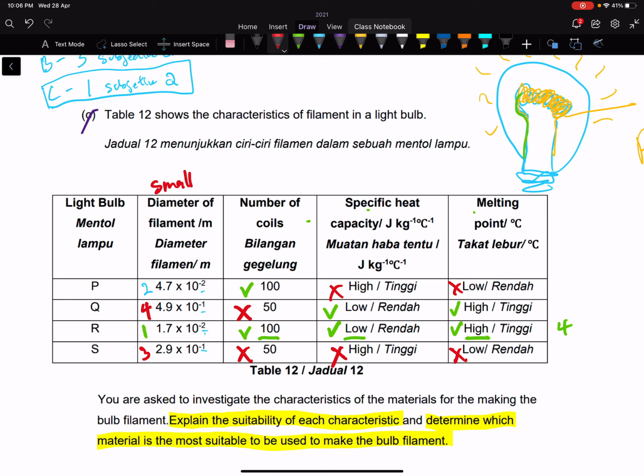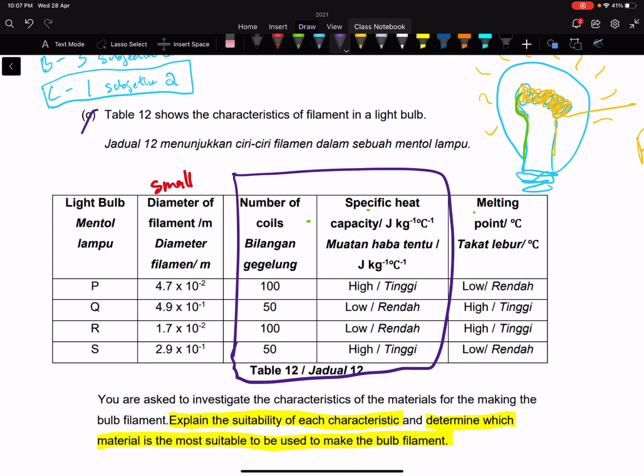Let me just erase this. I can answer these questions just by looking at two of the conditions. Let's focus on these two. We want a high number of coils, and since Q and S have a low number of coils, we can just cross them out. For specific heat capacity, which one do we want to choose?